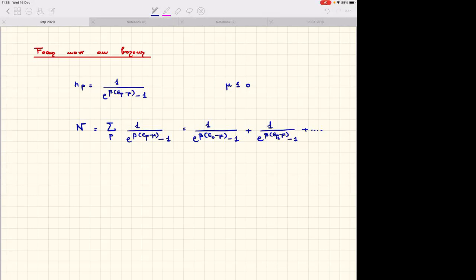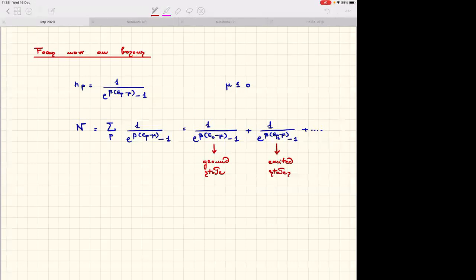This we know very well. In practice, this sum will contain the contribution of the ground state, and a contribution from excited states.